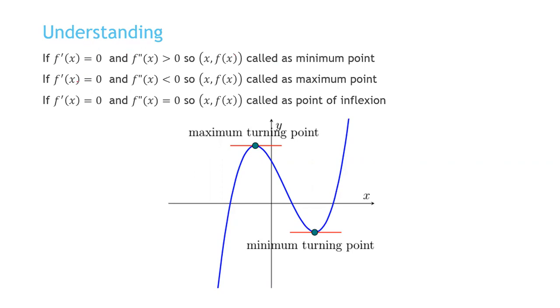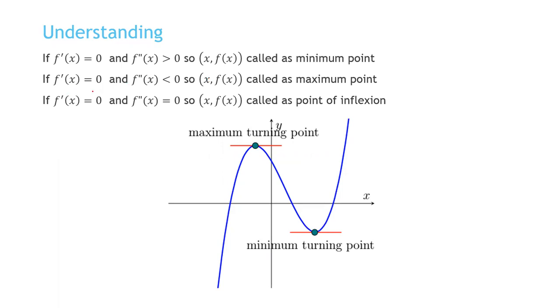If the first derivative equals 0 and the second derivative of f(x) is less than 0, then the coordinate point (x, f(x)) is called the maximum point or maximum turning point.